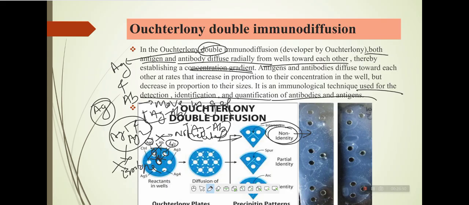What do you mean by identity? Identity means two antigens share an identical common epitope, meaning this antibody binds with both antigen 1 and antigen 2.